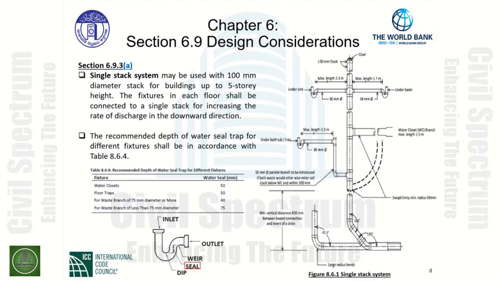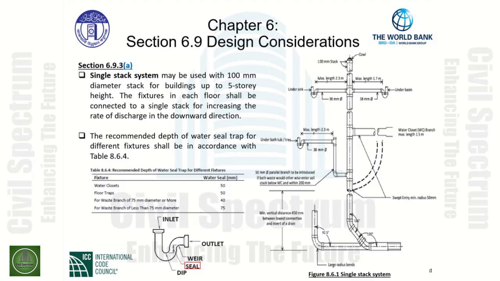As it discharges through the trap and goes up above the dip, as can be seen here, and then spills over into the weir, which directs it to the outlet. That distance from the top of the dip to the weir is what we call the seal. This is the vertical elevation that we need to maintain according to the table above.